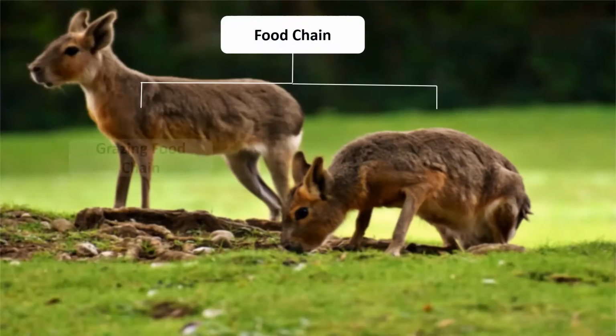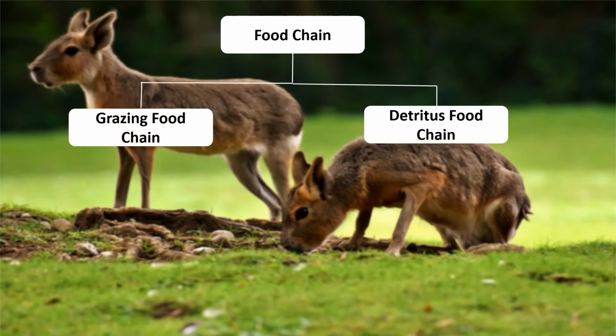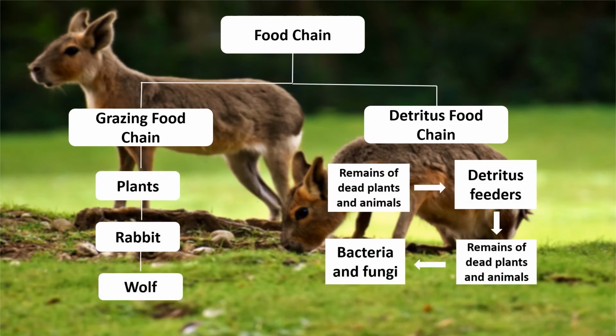Now, this food chain is divided into two types. One is the grazing food chain and the other is the detritus food chain. The grazing food chain starts with the green plants, while the detritus food chain starts from dead organic matter, which is consumed by a series of parasites and hyperparasites.